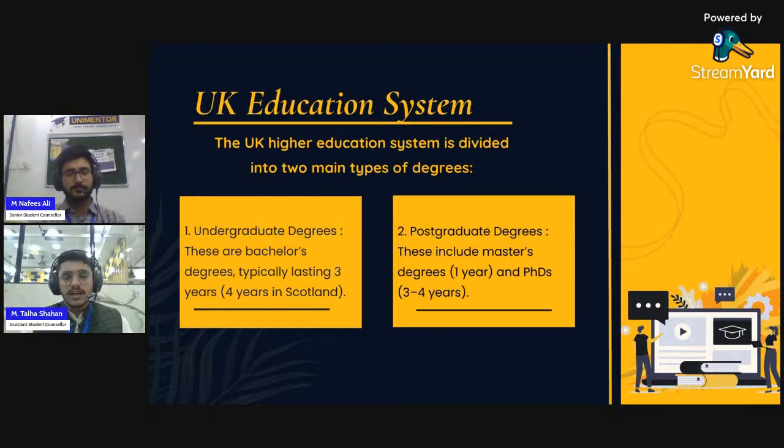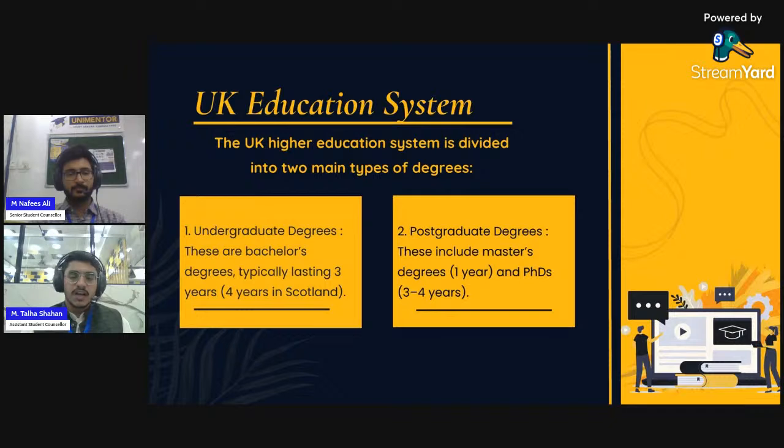Also, one thing that a student should keep in mind is the academic start year. The UK's academic year usually starts in September or October, though some universities may offer a January intake and also a May intake. Also, the UK is home to some of the most prestigious institutions in the whole world.